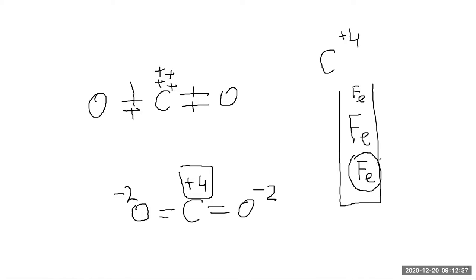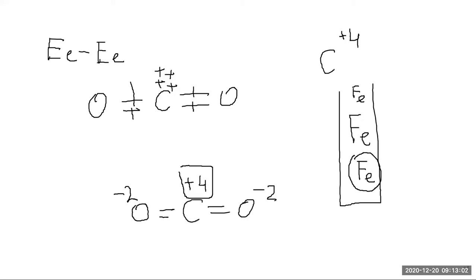So the net charge is 0. Normally, if some element is connected to other atoms of the same element in the free state, the oxidation state is 0, because there are no other elements to whom the electrons can be donated. Does it make sense?